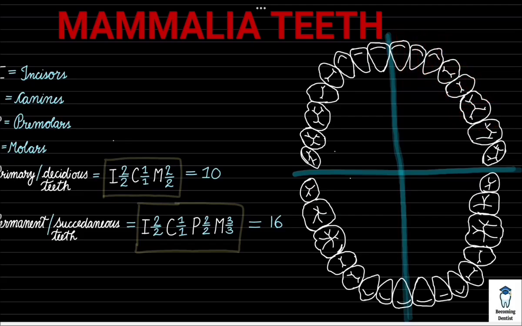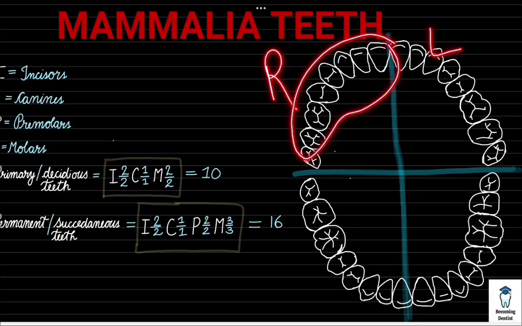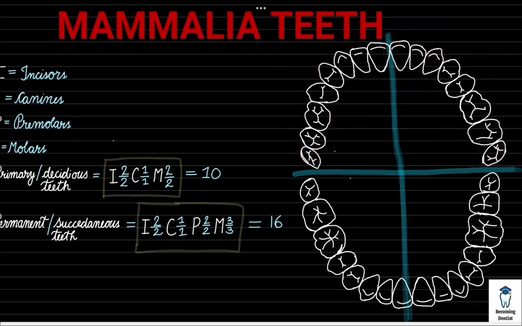Similarly, on the lower arch we have the incisors, the canine, 2 premolars and 3 molars. Now as you can see, on the right side and the left side we have the same type of dentition. So whenever we write the formula of dentition, we will be using only one arch of each jaw.